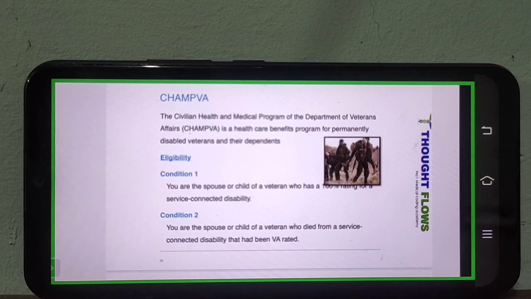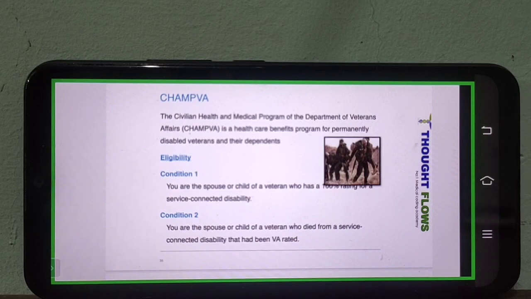So for this CHAMPVA, what is the eligibility? There are two conditions. Condition number 1, veterans who are 100% disabled during the service. CHAMPVA will cover their family members also, not only the veterans.